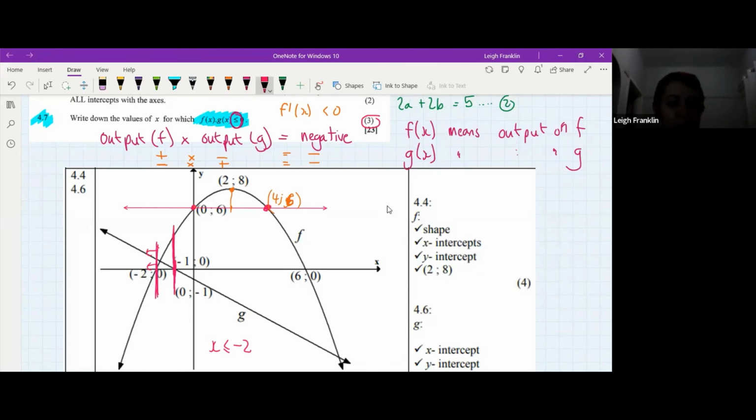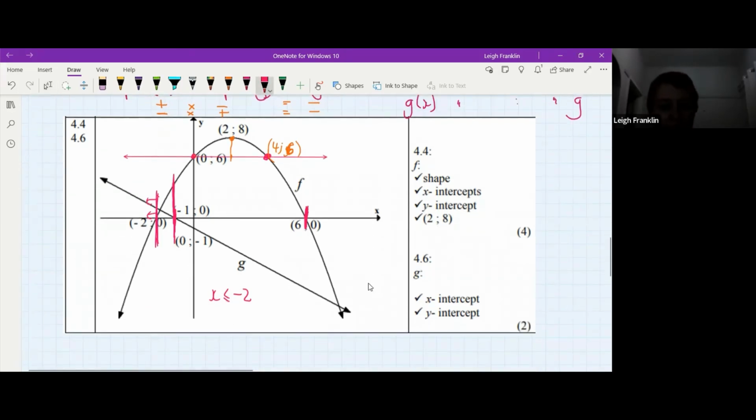And it remains like this until we get to this place over here. So between where x is equal to -1 and where x is equal to 6, we also find that we have negative outputs on the g times the positive outputs on the f, which will give us a negative. Does that make sense to everybody?